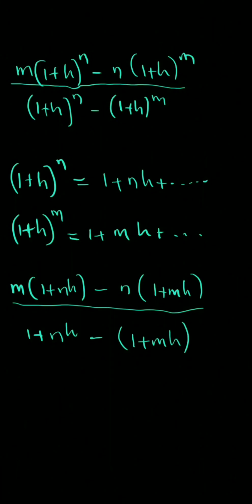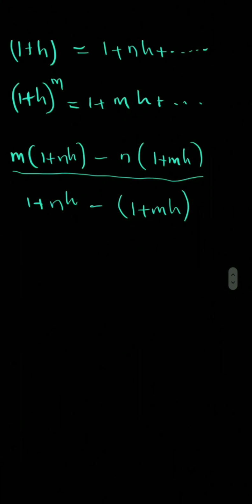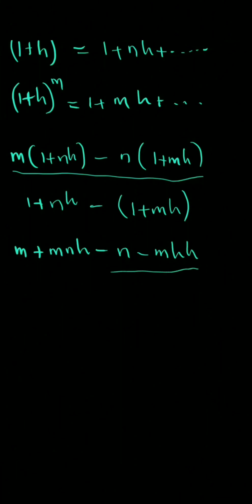So the numerator further simplifies to, upon multiplying, m plus, when we multiply that to the second term, we get mnh. Then minus, do the same to the other part, this gives us n, then minus mnh. So that's over 1 plus nh minus 1 minus mh.